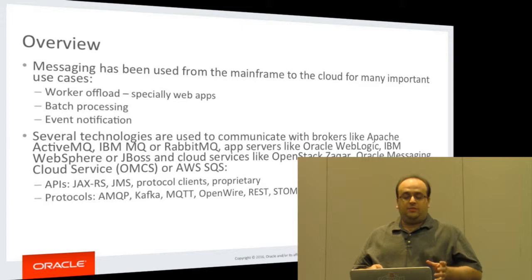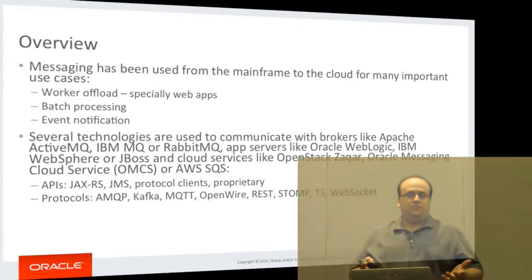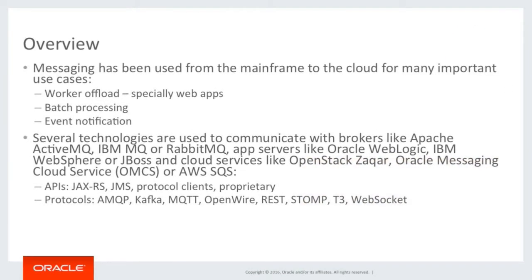What's important to keep in mind is that in the on-prem world, you can message through a broker like Apache ActiveMQ, through an app server like Oracle WebLogic, and now in the cloud you use a cloud service, usually with a familiar REST API. Some services actually provide other APIs, as we're going to see, but it basically behaves like all other platform services.